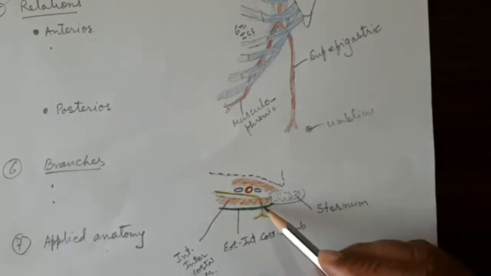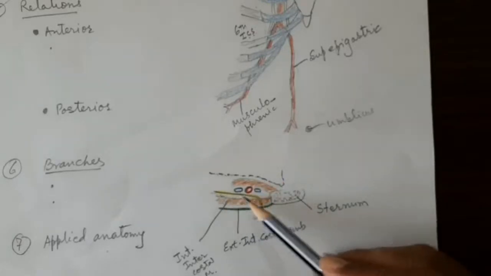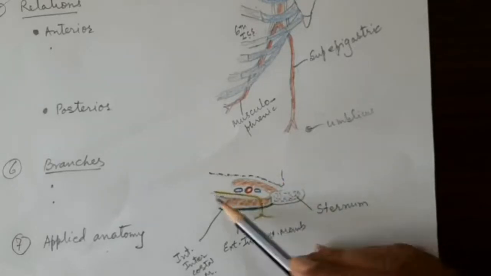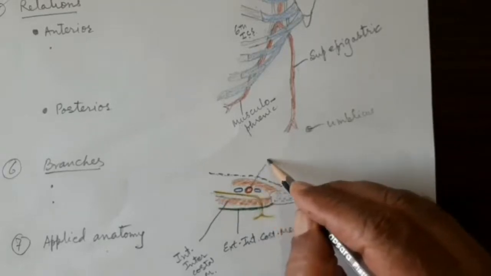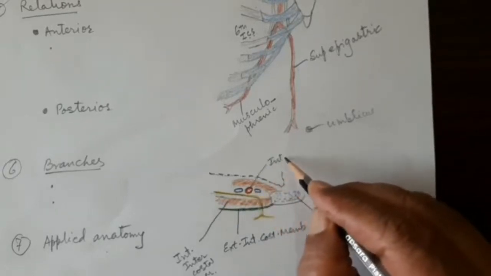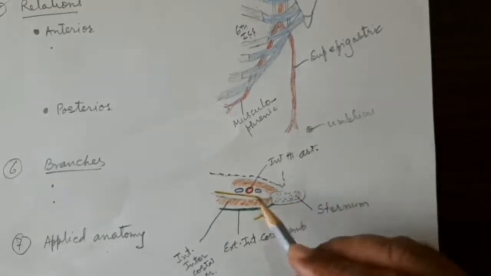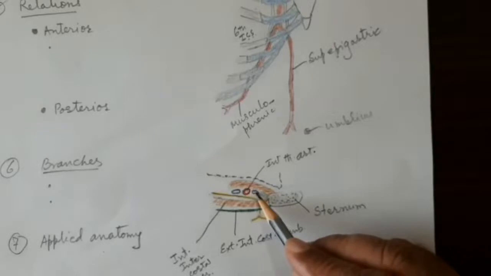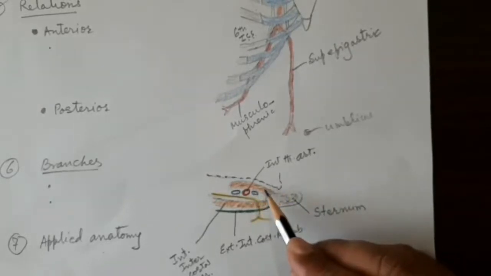A typical intercostal nerve here will be crossing in the fourth, fifth and sixth spaces anterior to this artery, and this artery is the internal thoracic artery, accompanied by two veins on either side.